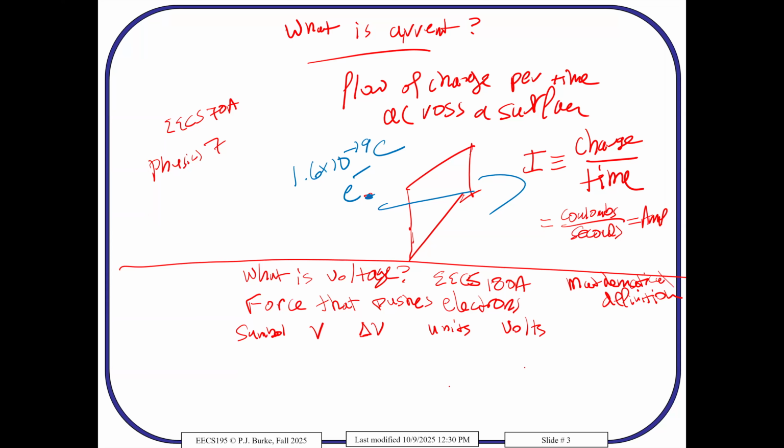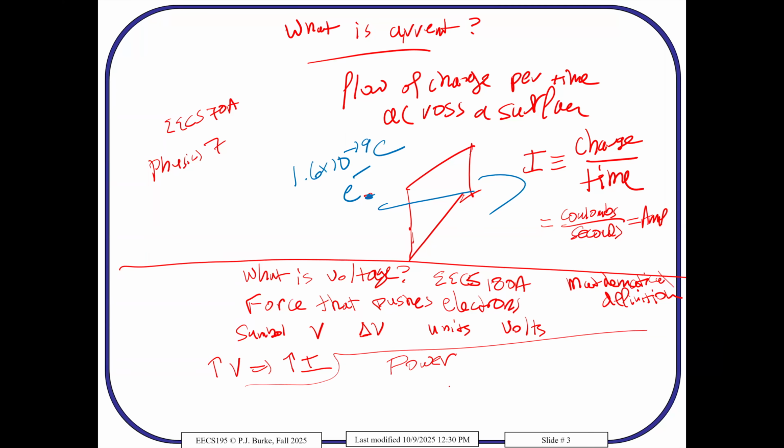The name of the unit is the same as the name of the object, whereas current is called current and the unit is amps, voltage is called voltage and the unit is volts. So the more the force, the more the current. If you have more voltage, you have more current. And that's basically all you need to know as a drone pilot. There's one more small quantity you need to know, which is power.